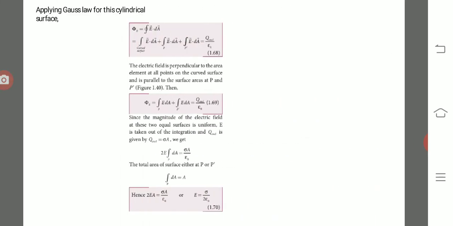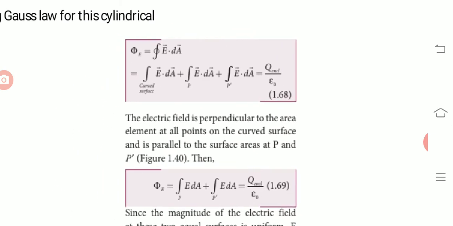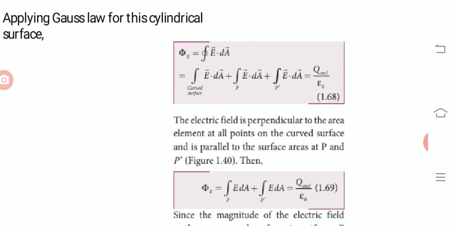Applying Gauss law for the cylindrical surface, phi E equals the closed surface integral of E vector dot dA vector.